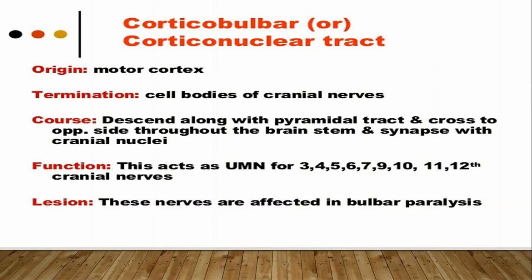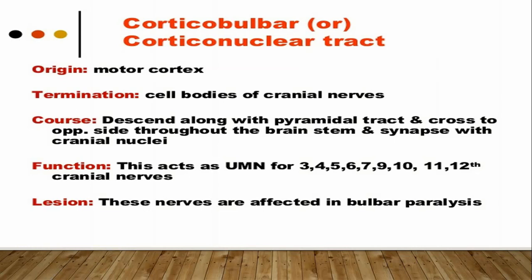Then the corticobulbar or corticonuclear tract. These originate from the motor cortex and terminate at the cell bodies of the cranial nerves, and the course descends along with the pyramidal tract and crosses to the opposite side throughout the brainstem and synapses with the cranial nuclei.